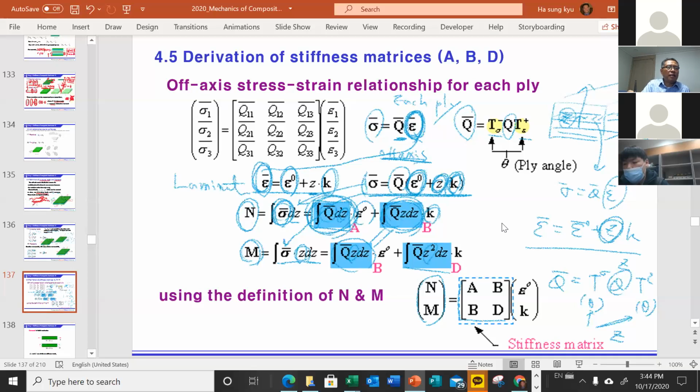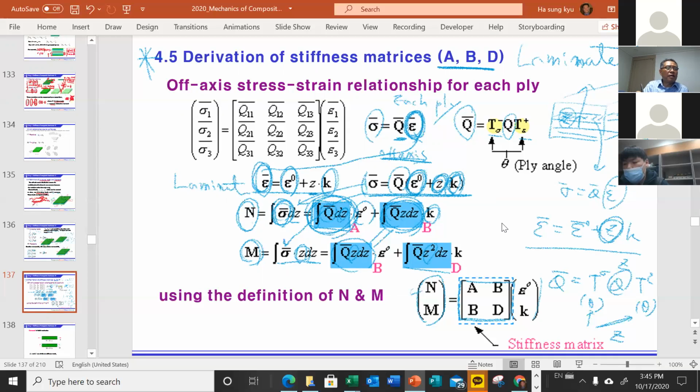And D is D, and epsilon 0 and K. And this is the core equation in classical laminate theory. Now we call this the ABD matrix. This is the ABD matrix.